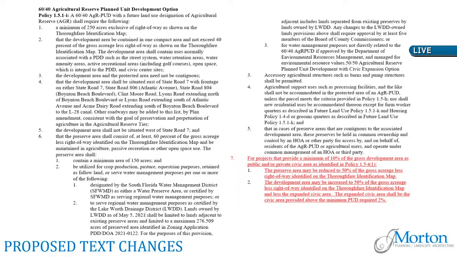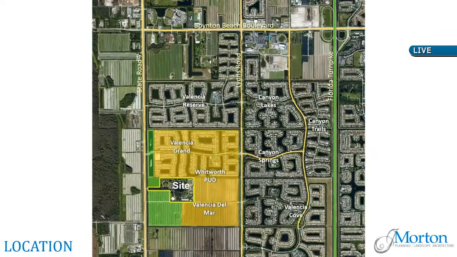Number 2, the development area may be increased to 50% of the gross acreage less right-of-way as identified on the thoroughfare map and less the expanded civic area. The expanded civic area shall be civic area provided above the minimum PUD required 2%. Next slide. So what does that look like? And how is that specifically applied?